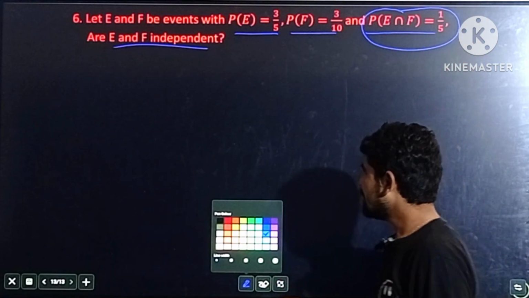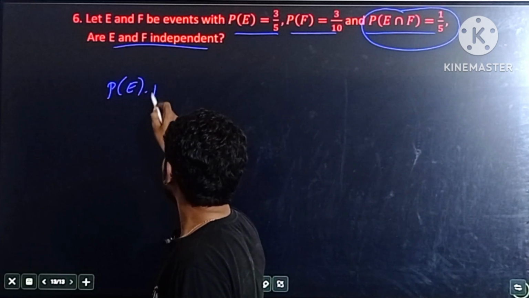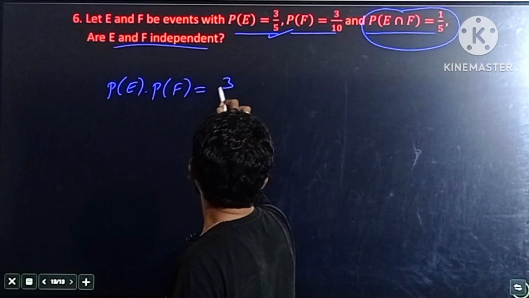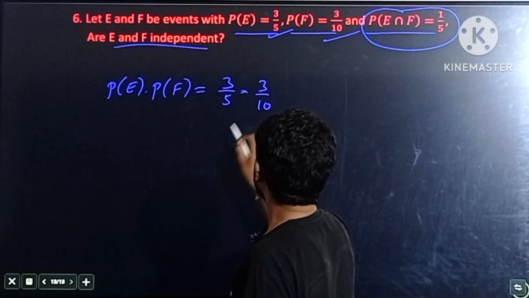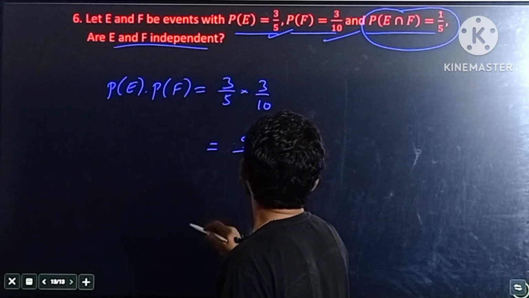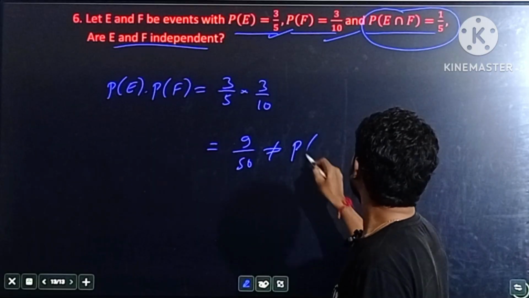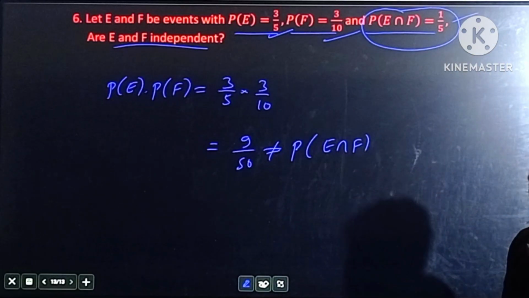So just identify the value of probability of E into probability of F. Probability of E is 3 by 5 into probability of F is 3 by 10, which is equal to 9 divided by 50, and 9 by 50 is not equal to probability of E intersection F, because probability of E intersection F is 1 by 5.